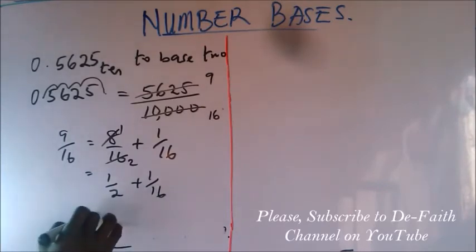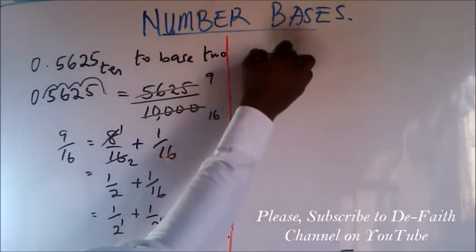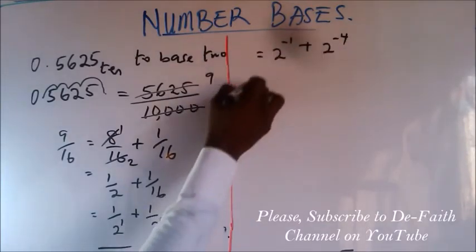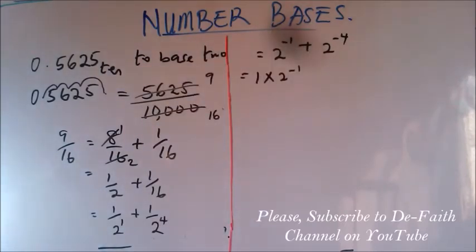And that means 1 over 2 raised power 1 plus 1 over 2 raised power 4. So we have 2 raised power minus 1 plus 2 raised power minus 4. So we have 1 times 2 raised power minus 1. So we have minus 1, but we don't have minus 2 and minus 3. So those two are missing.